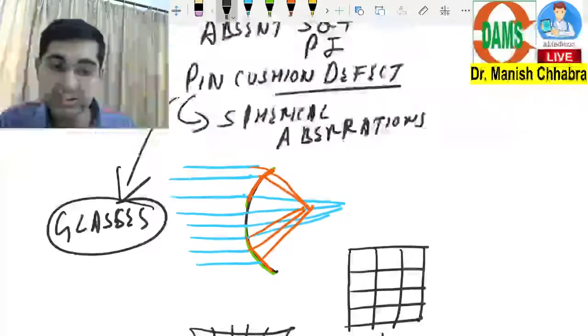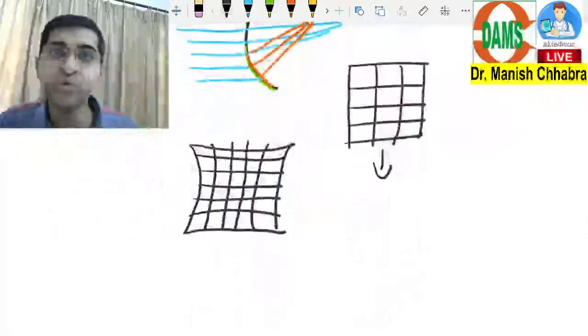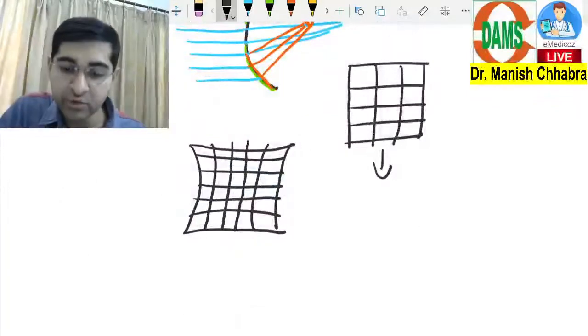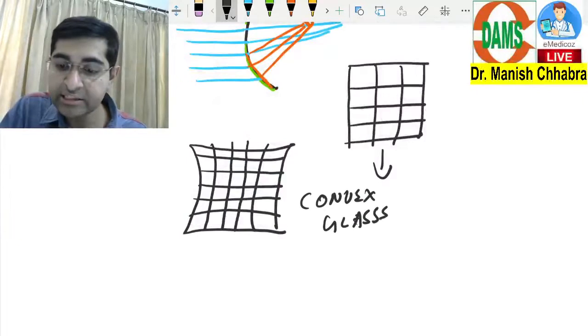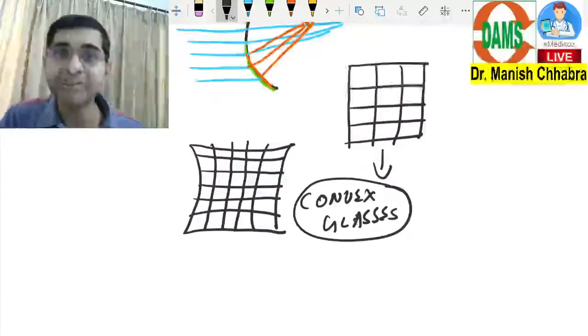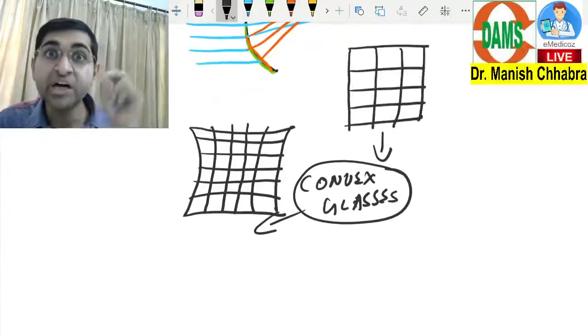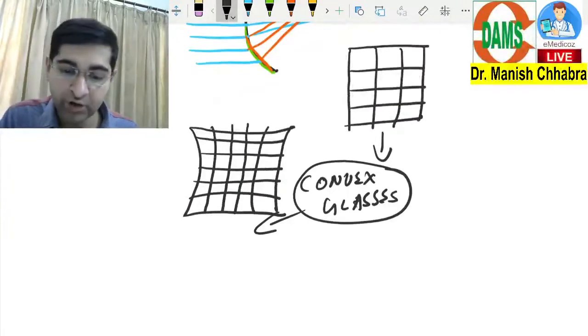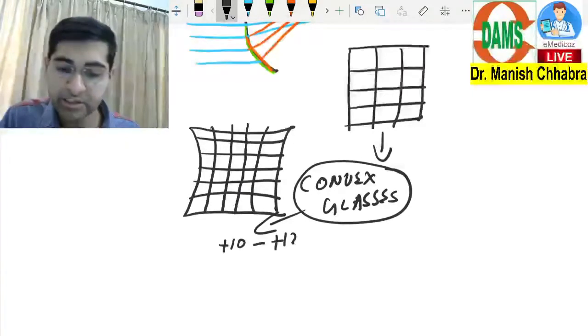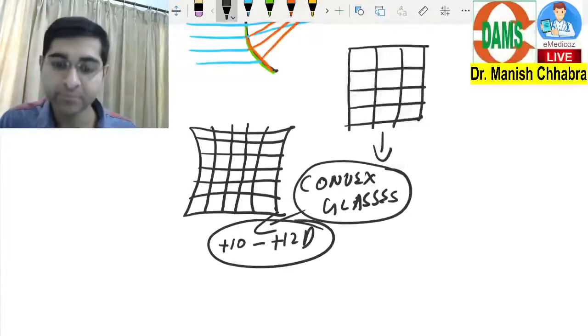Which glasses will the patient wear? Convex or concave? It is going to wear convex glasses. Now guys, please remember that the convex glasses given to the patient are of the order of plus 10 to plus 12 diopter, right?